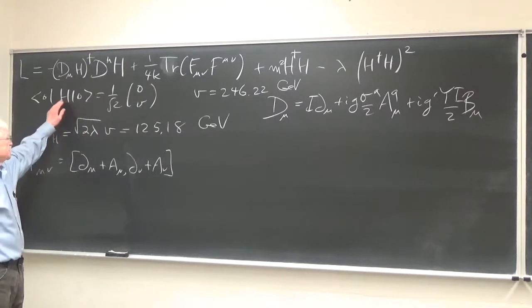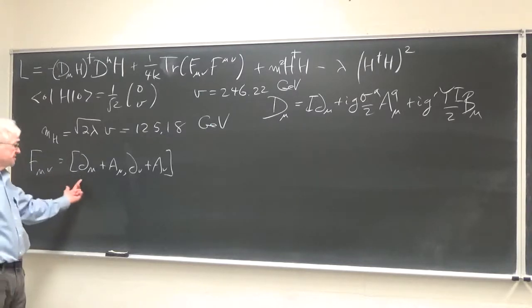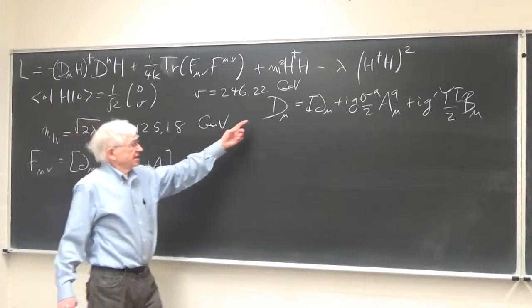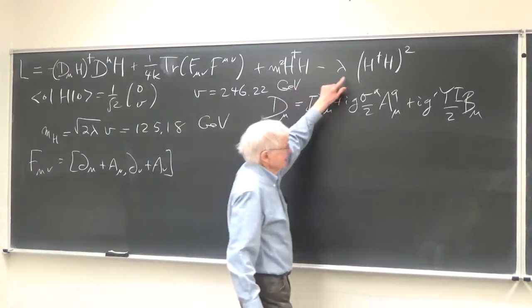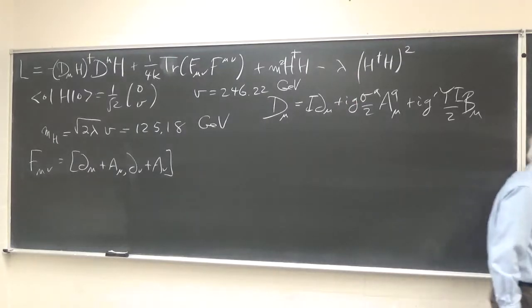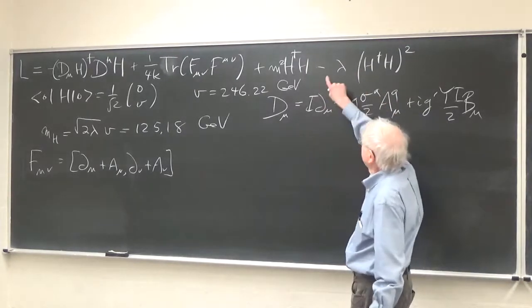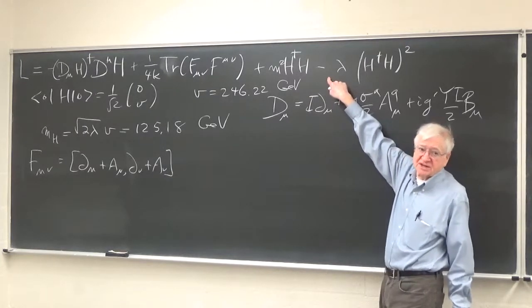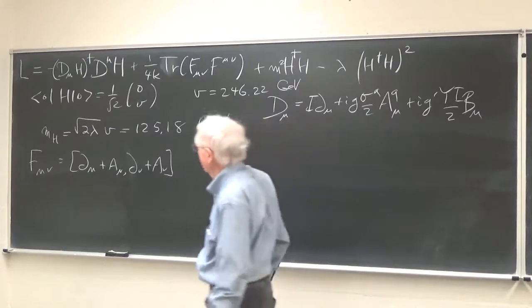For this purpose, all these gauge bosons act on the Higgs doublet. F mu nu is the commutator of 2 covariant derivatives, and then the Higgs term that produces the Higgs mechanism is this funny combination here. The minus sign means, of course, that the Hamiltonian has a plus sign, and so the thing is not bounded below.